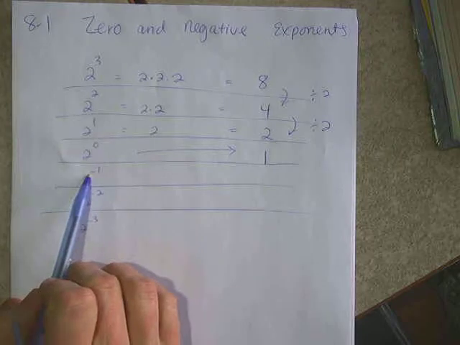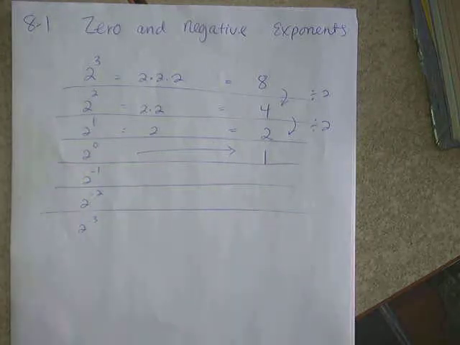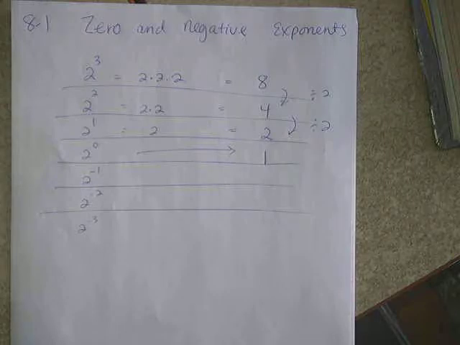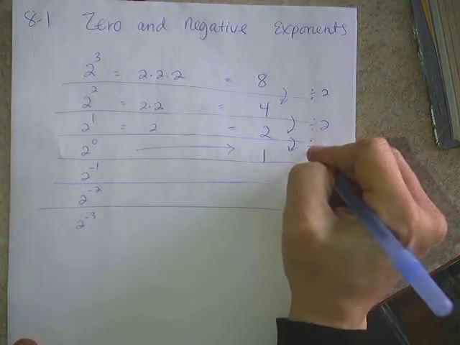Sure. Now, if we take the pattern further by subtracting another number off of our exponent, we get into a negative exponent. 2 to the negative 1 is not negative 2. Negative exponents do not become negative bases.